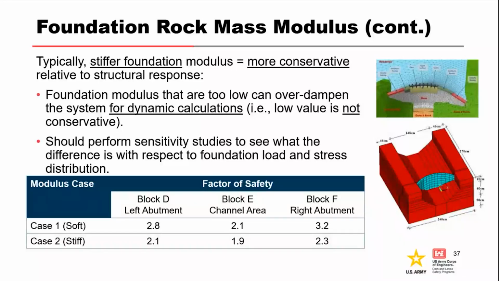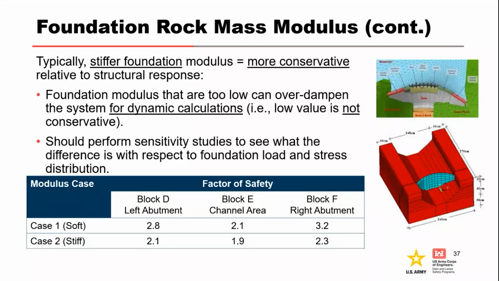An uncoupled analysis was performed using loading calculated from a 3D finite element analysis. So the foundation consists of variable foundation rock units and modulus values, with stiff assumptions being roughly twice the soft assumptions. So it can be seen by the factors of safety in this table.